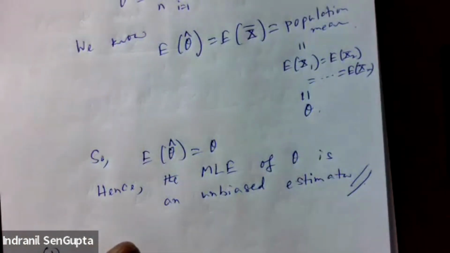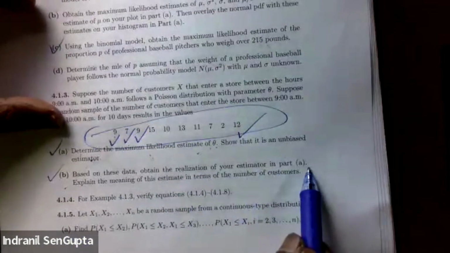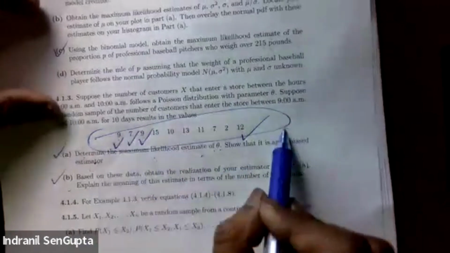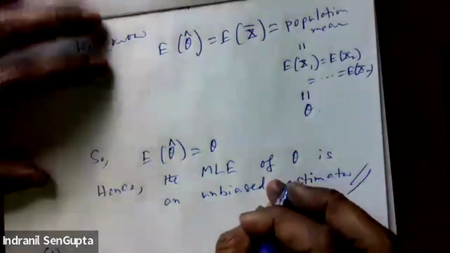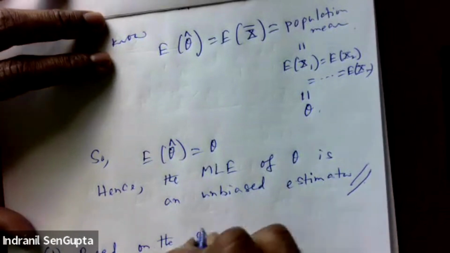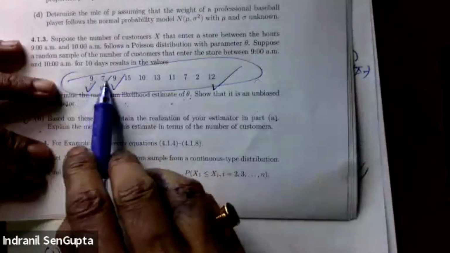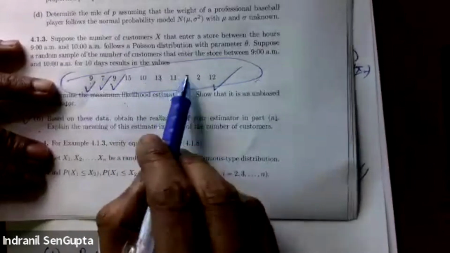Part B, where we use the data, says that based on this data, obtain the realization of your estimator in part A. Which data? The data which is provided. So based on the data, what is X bar? It's very few data, so we can compute: 1, 2, 3, 4, 5, 6, 7, 8, 9, 10.